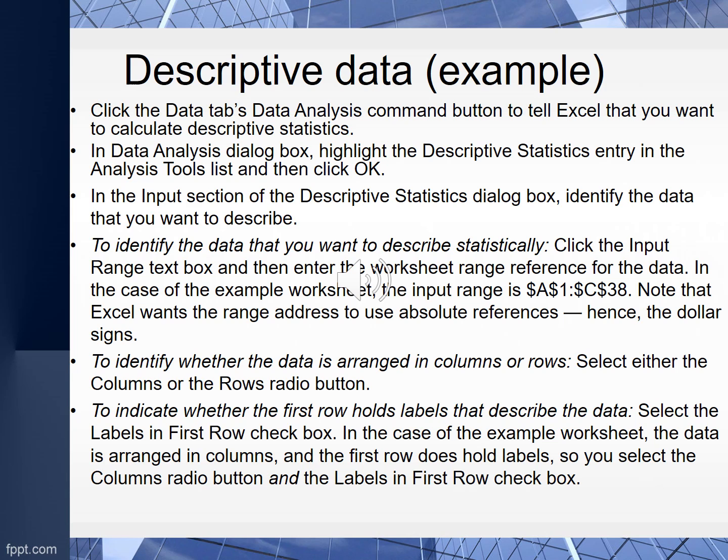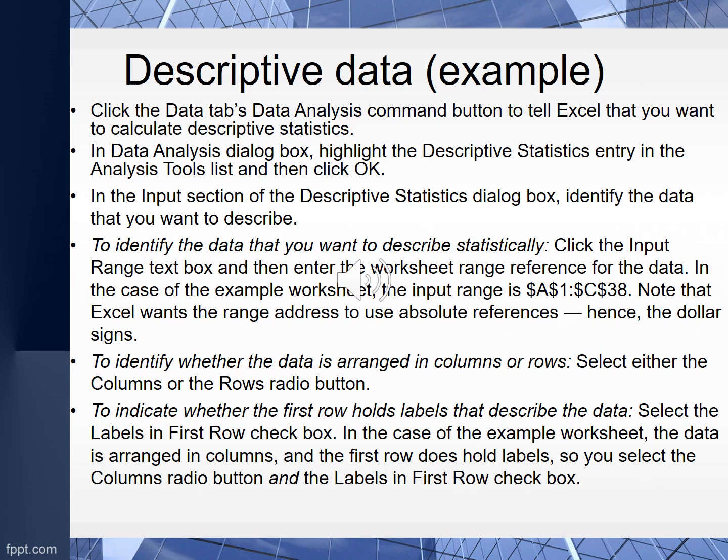In the Input section of Descriptive Statistics, identify the data you want to describe. To identify the data you want to describe statistically, click the Input Range text box and then enter the worksheet range reference for the data. In the case of the example worksheet, our reference is $A$1:$C$38. Note that Excel wants the range address to use absolute references, hence the $ signs.